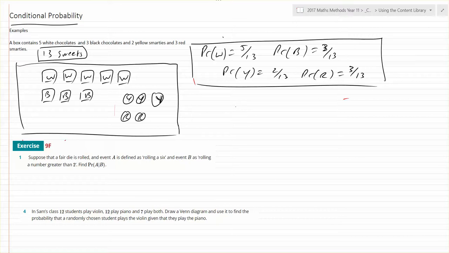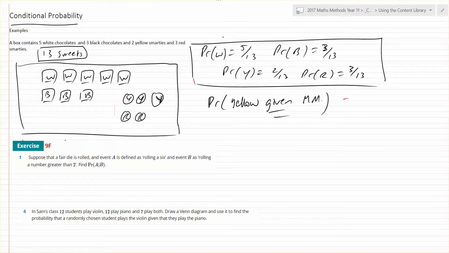Now, let's just say I know something already. Let's just say I know the thing I selected is an M&M. So given that it's an M&M, what's the probability that it's a yellow M&M?